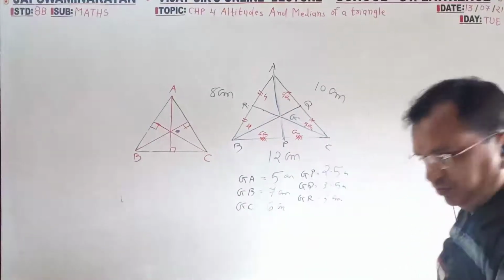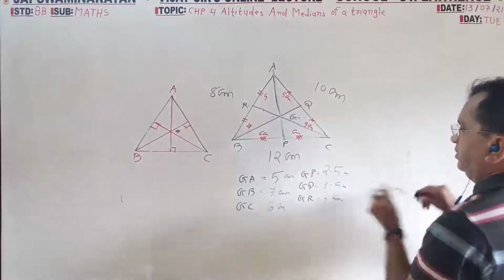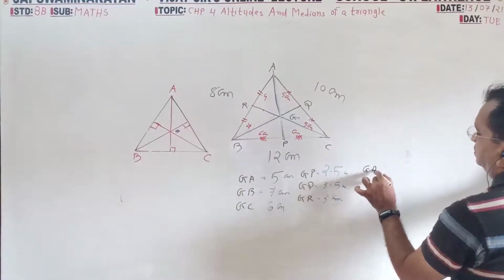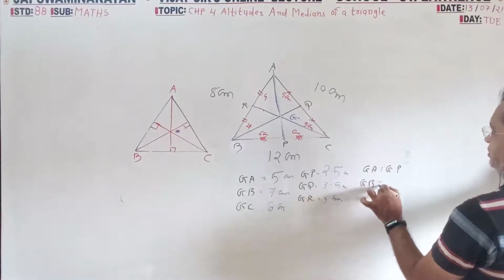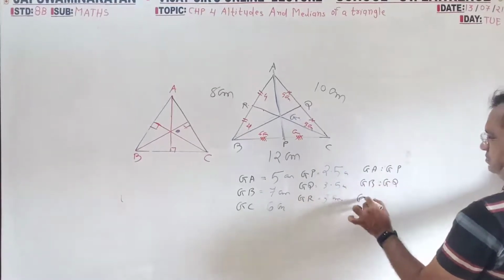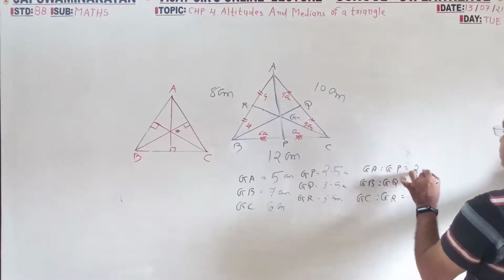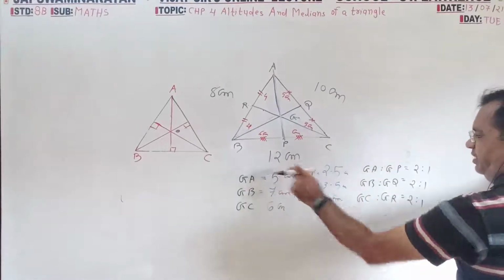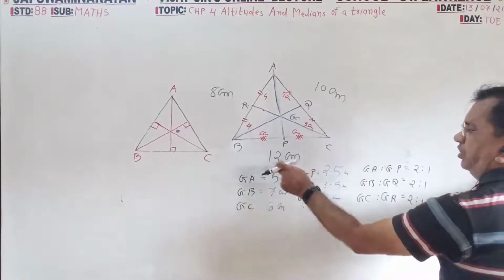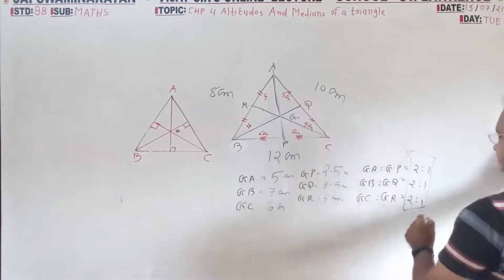So the ratio GA:GP, GB:GQ, GC:GR is 2:1, 2:1, 2:1. This is double of this, or this is half of this. So it is 2:1.